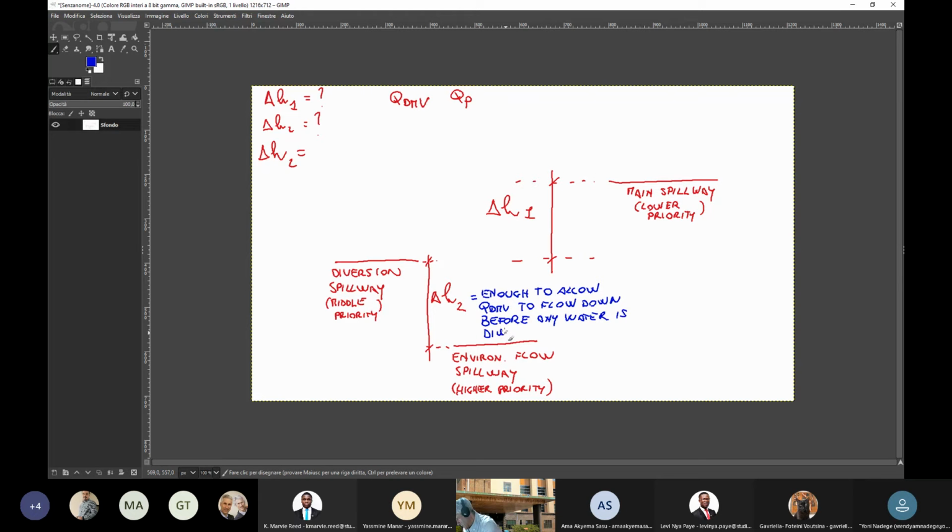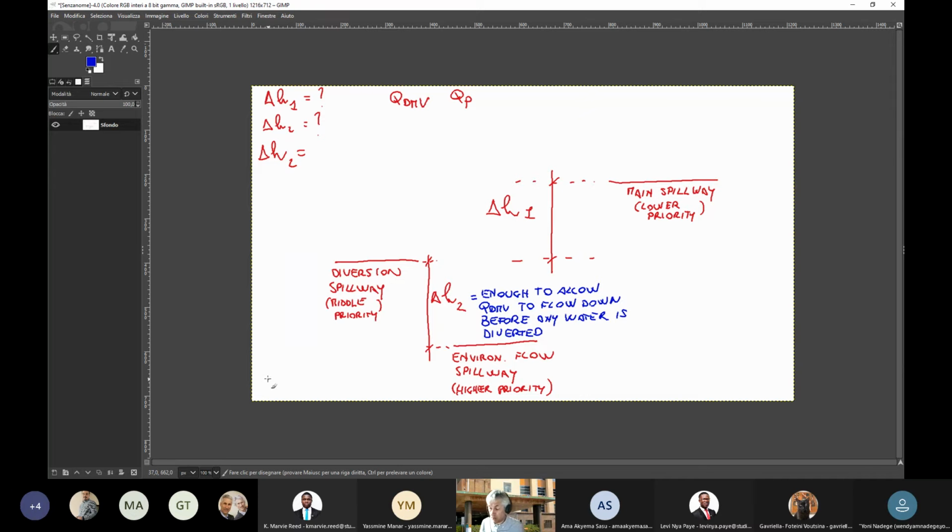What does this mean? It means that, as I have written, I cannot divert any water before I have the environmental flow spillway releasing down the environmental flow.